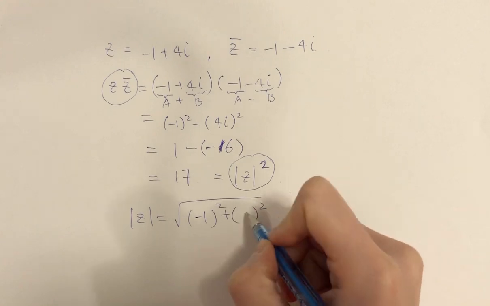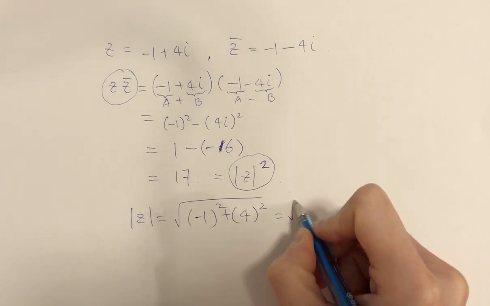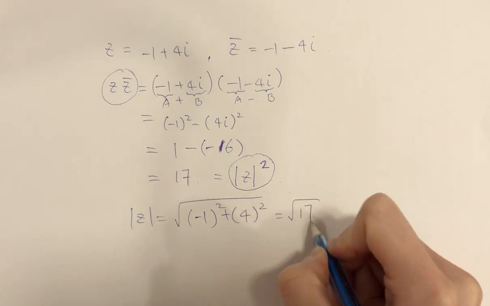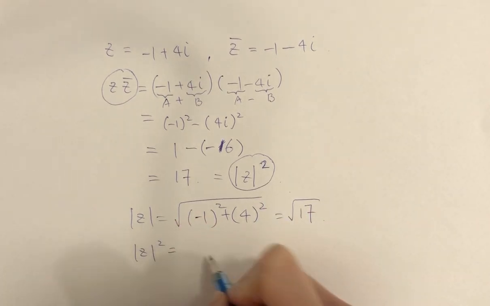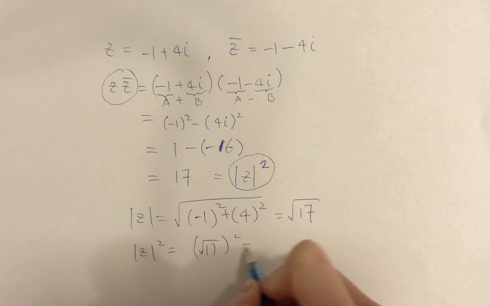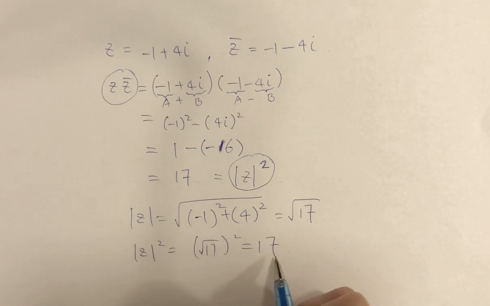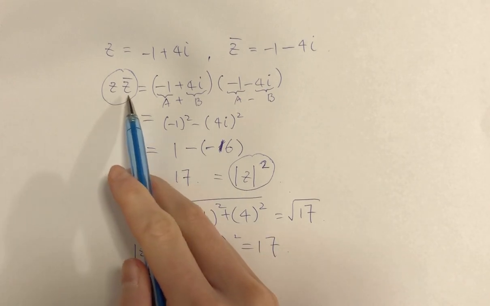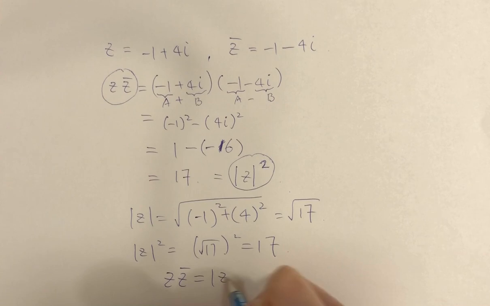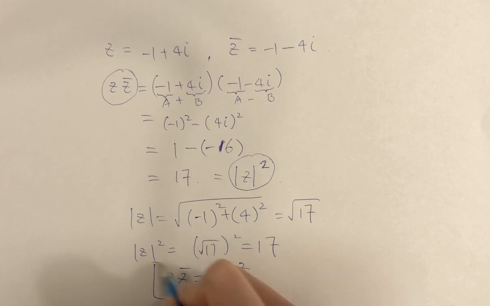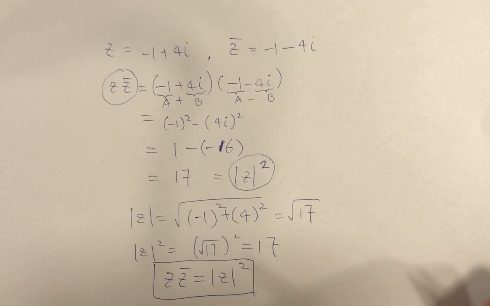So -1 and 4, which gives square root of 17, right? And then if you square this, you get back 17, which is z times z bar. So the conclusion is that you can think of this as an identity or a formula that might come in handy.